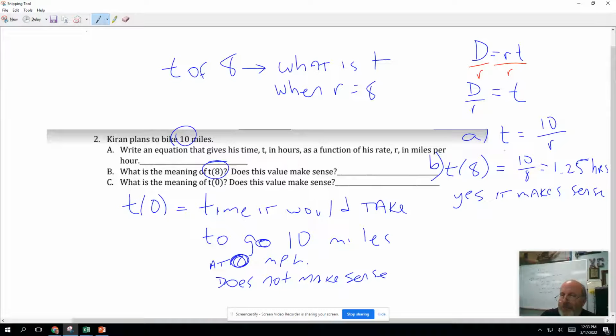Over here, it would take 1.25 hours to go 10 miles at 8 miles per hour.